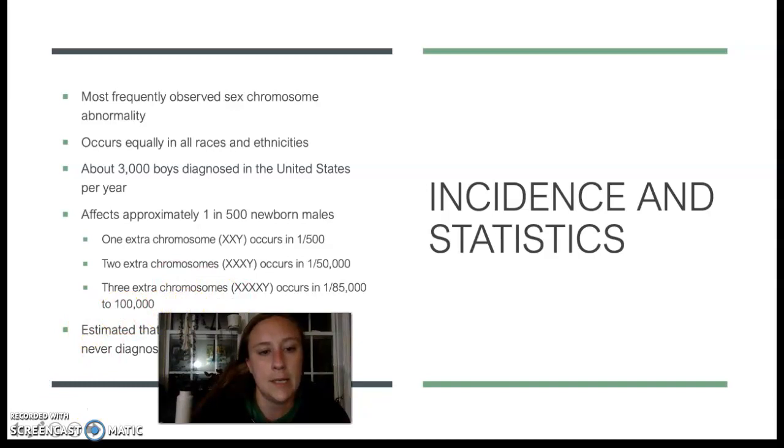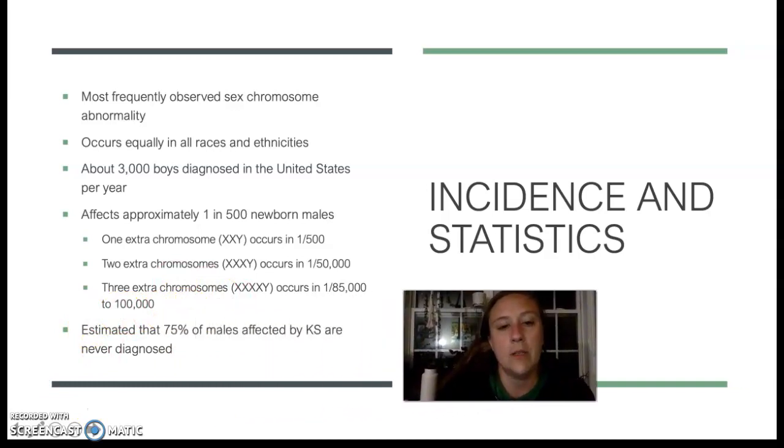Incidence and statistics. So Klinefelter syndrome is the most frequently observed sex chromosome abnormality. It occurs equally in all races and ethnicities because it's just random. About 3,000 boys are diagnosed in the United States a year, and it affects about 1 in 500 newborn males.